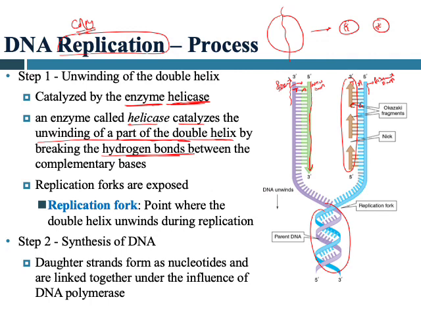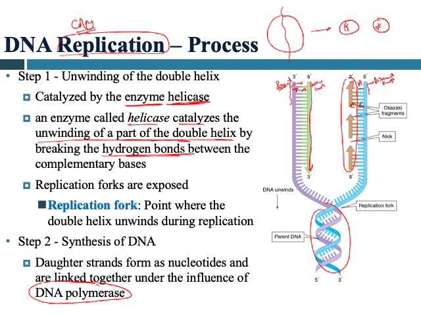This is how the information is copied into a new DNA. And this copying of information, the making of this new DNA, is done by one more enzyme called DNA polymerase. So if I ask you which enzyme copies the DNA, it is DNA polymerase. Which enzyme helps to open up the DNA is helicase, right?